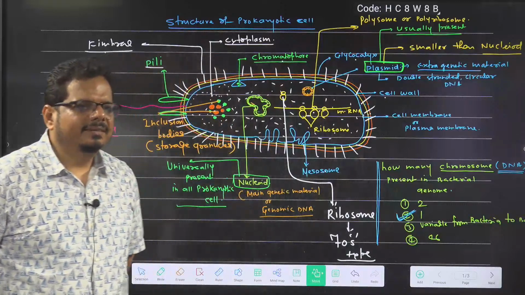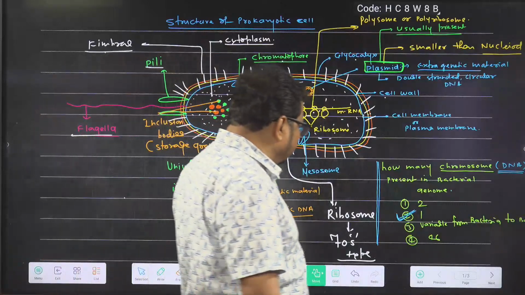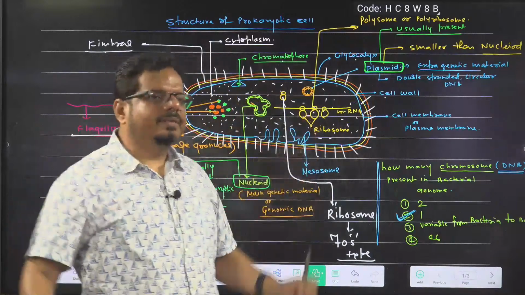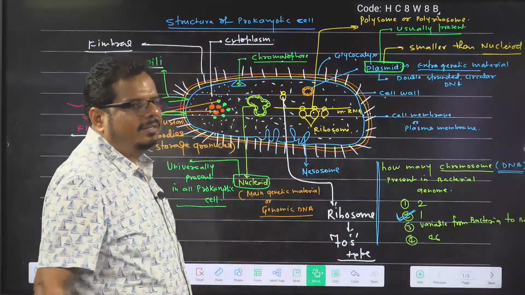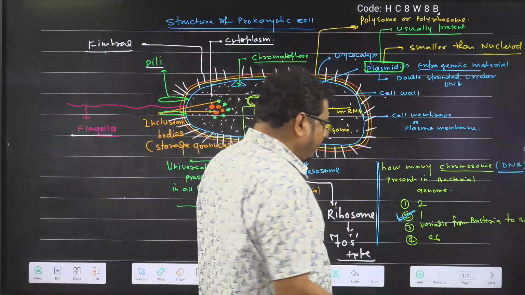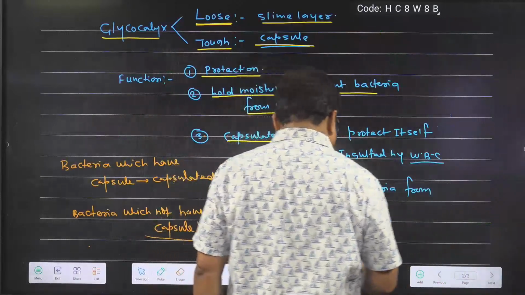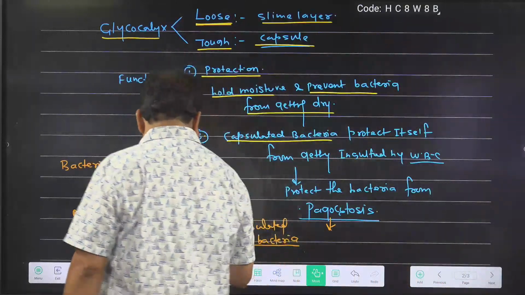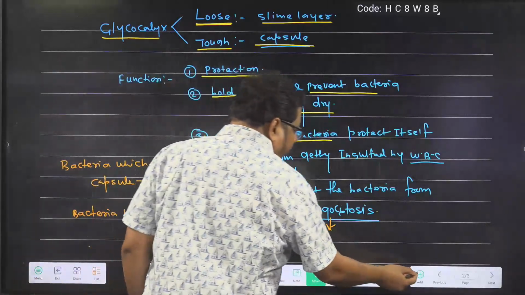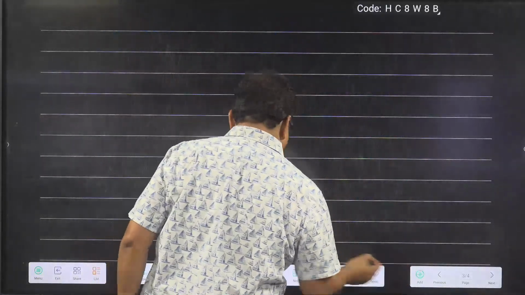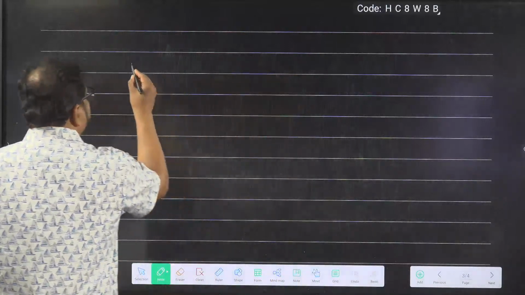Is it clear? Otherwise, if you write, another student who already noted it will suffer. So just scan the QR code, and from there you can note it down if you are lagging behind. Now we are moving ahead. Give your attention. So where were we? We are on cell wall.